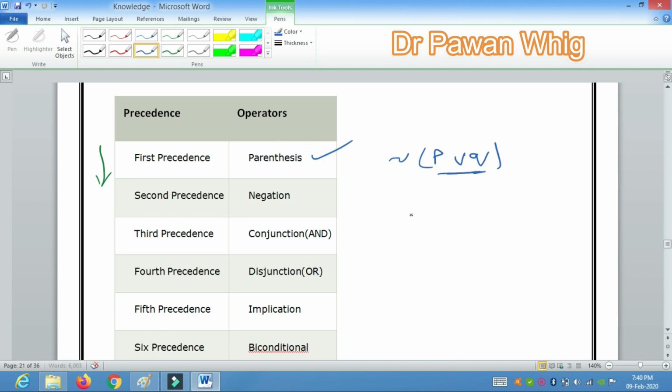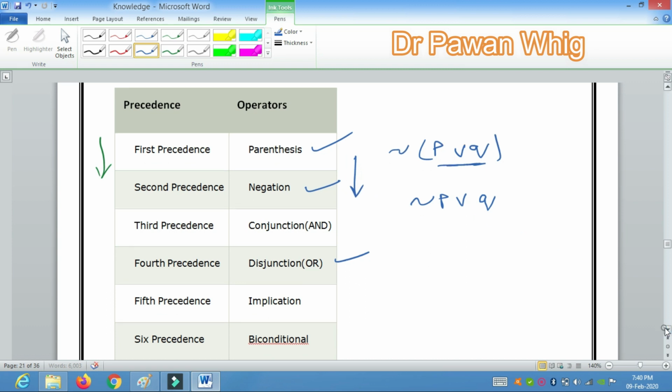Let us suppose I have to solve this. Here the precedence order clearly says you have to do the negation first, then you have to do the disjunction. So hope you understand. This is the order in which you have to follow the operations.